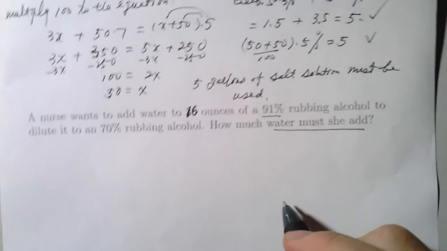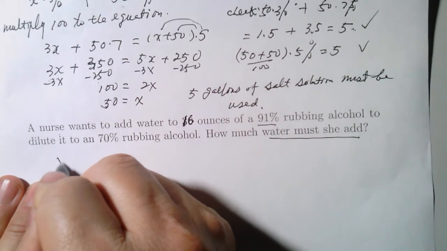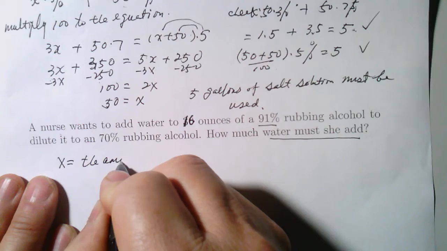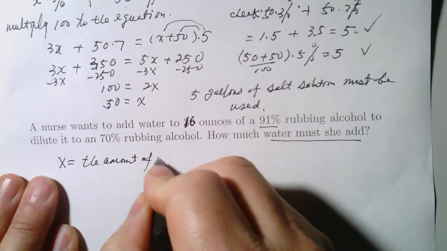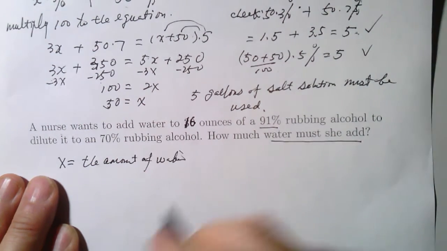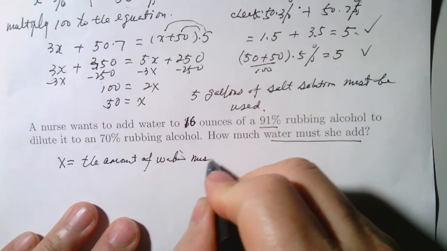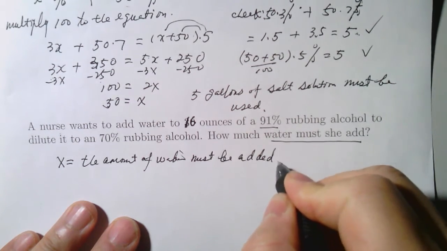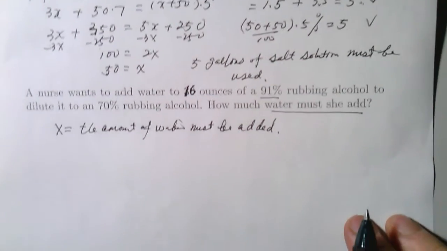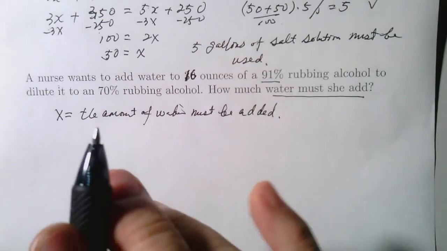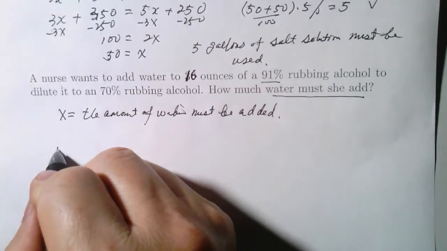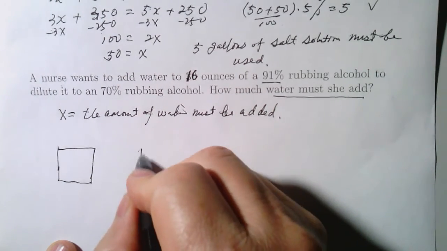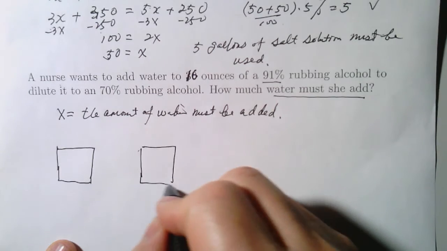So we're going to say x is the amount of water that must be added. Same thing here: you have two things you want to mix together.